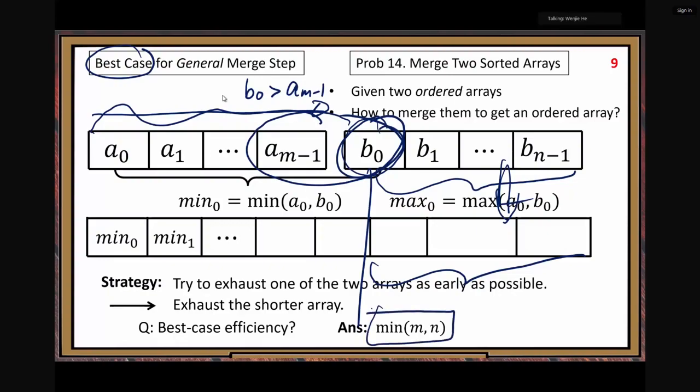Now I want to explain. What we are doing here is the standard merge operation. We always compare the smallest with the smallest. That's the standard merge operation.